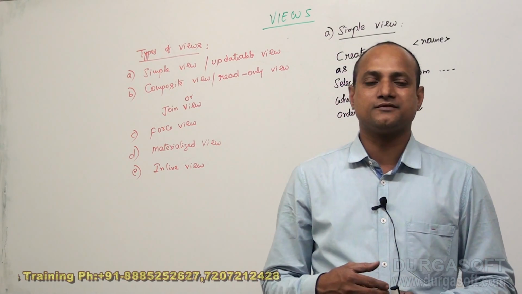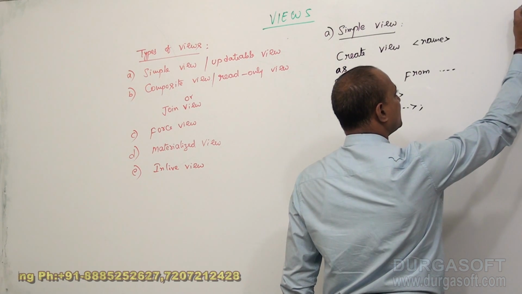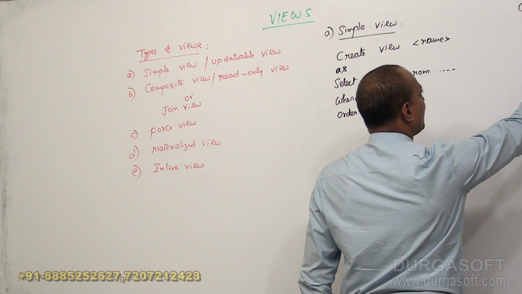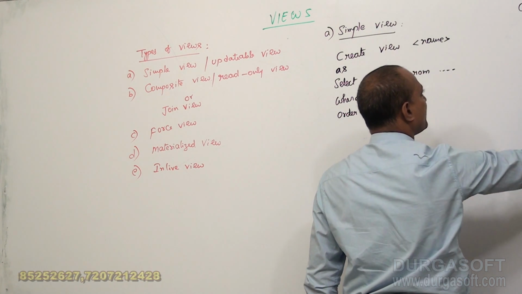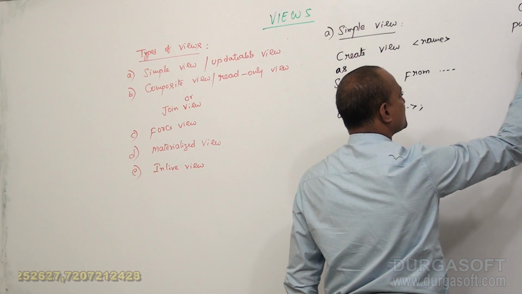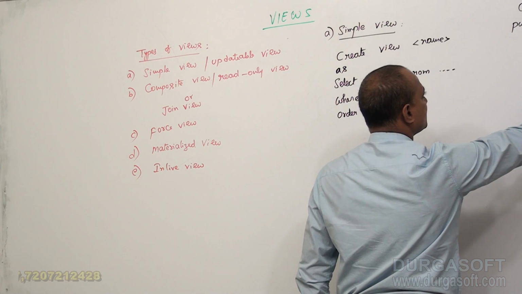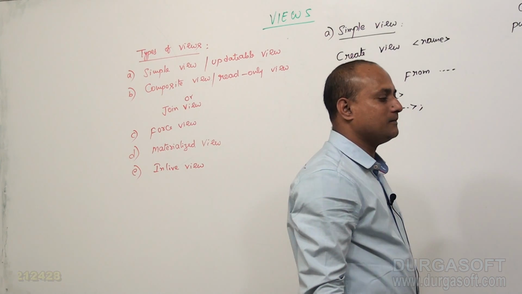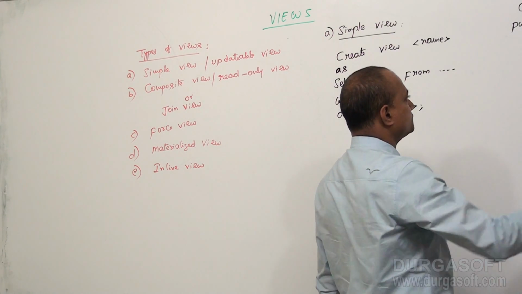How to get permission from the DBA? First, connect to the database with CONN. I am connecting as system. Then it asks the password of system. I am typing manager. In a live environment, you need to put a request to the DBA. Then the DBA can provide permission to create a view to you.